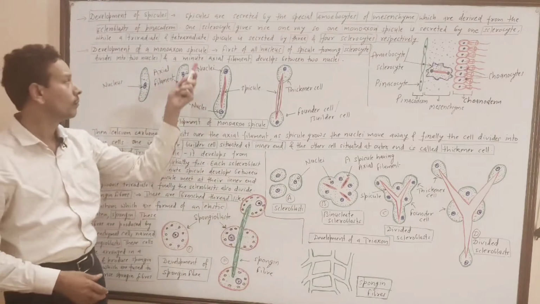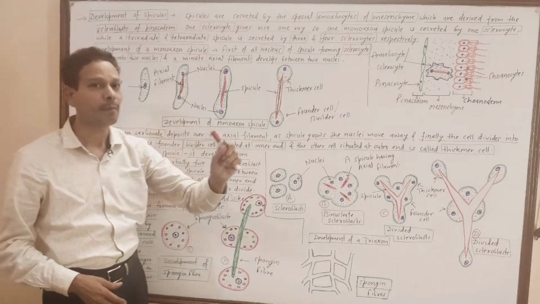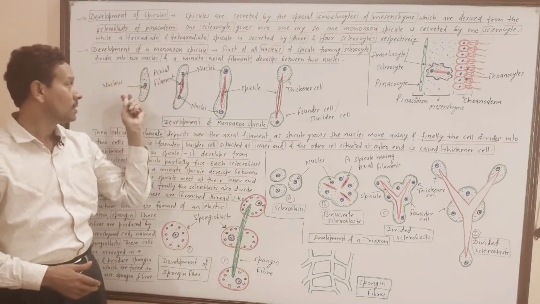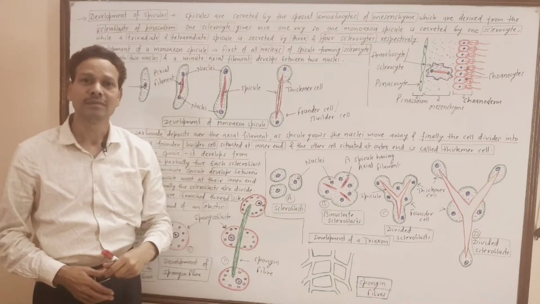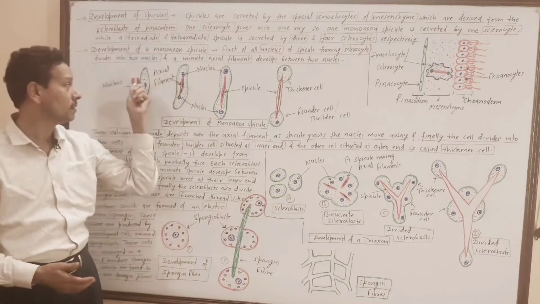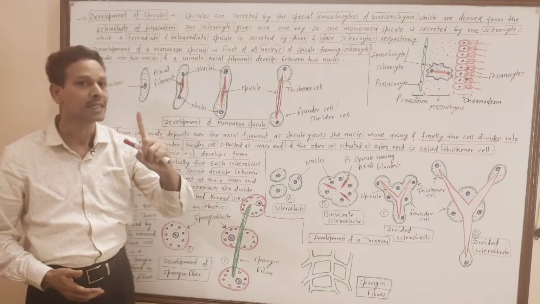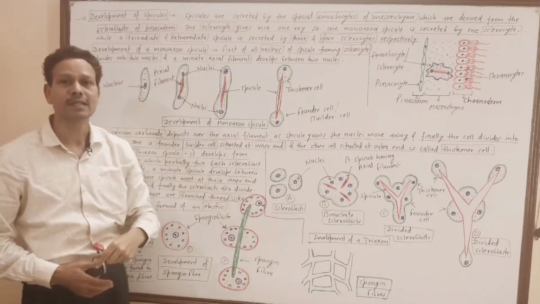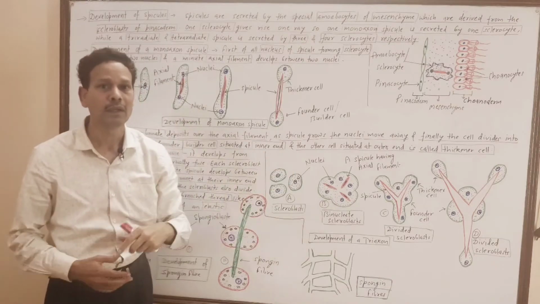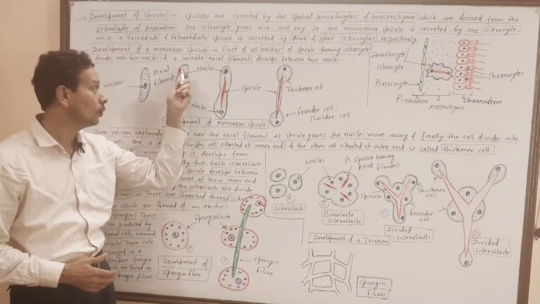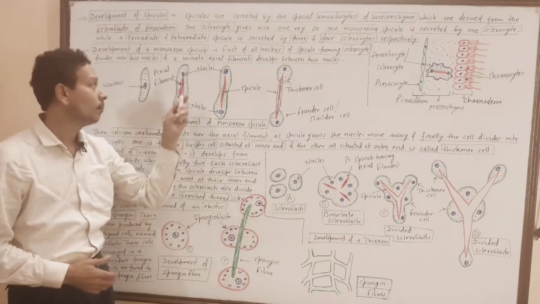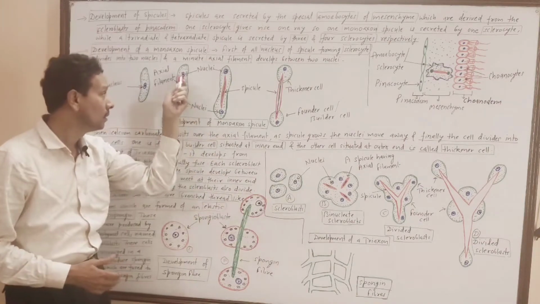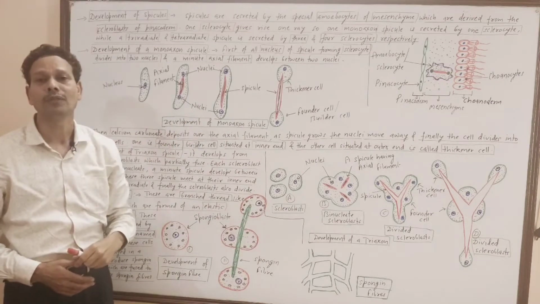First of all, we will discuss development of monaxon spicule. The cell which gives rise to a monaxon spicule is one scleroblast. First, its nucleus undergoes division, so two nuclei are formed. Between these two nuclei, an axial filament is formed.